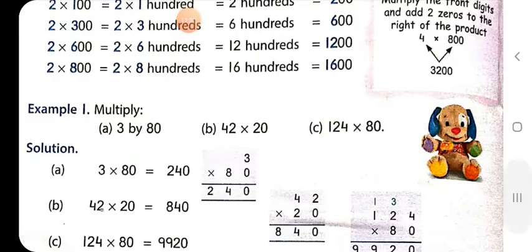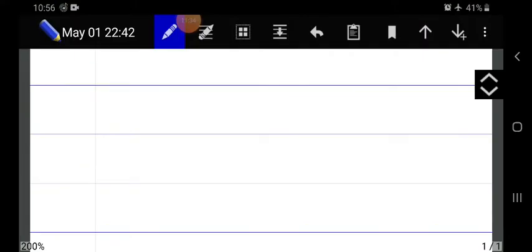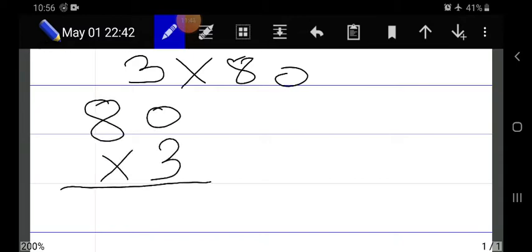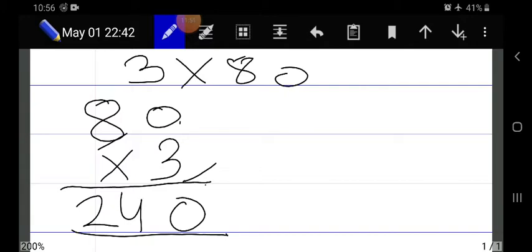So in example 1, what is there? 3 multiply by 80. How are you going to do this? 80 multiply by 3: 3 zeros are 0, 3 eights are 24. The answer is 240.